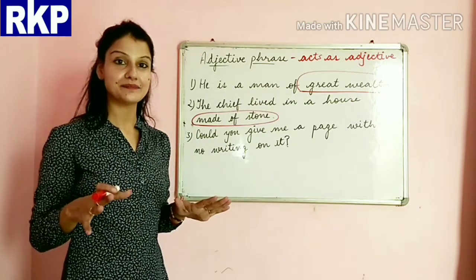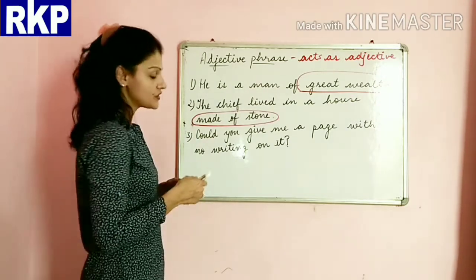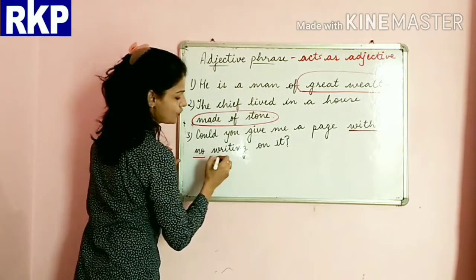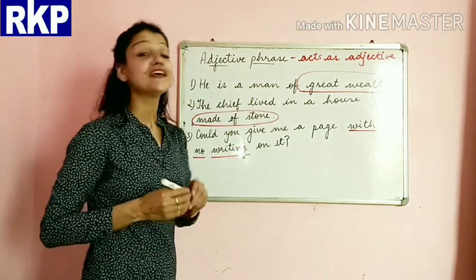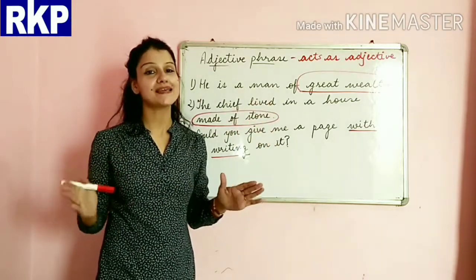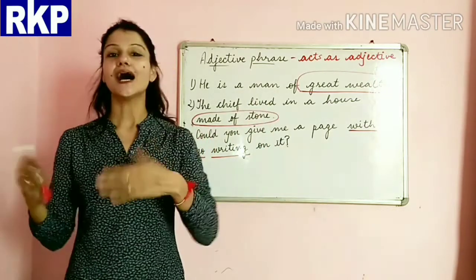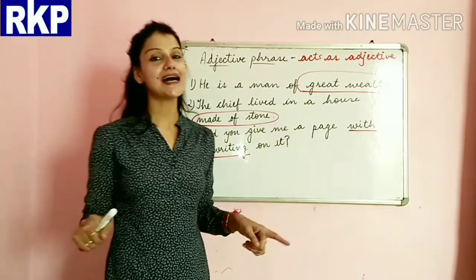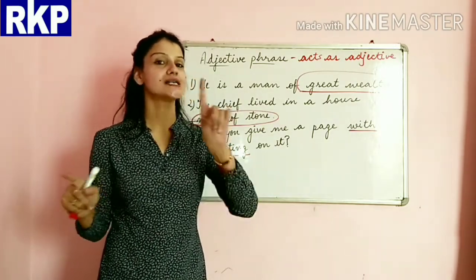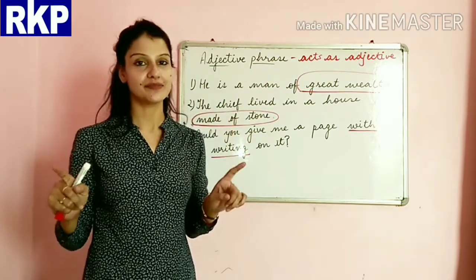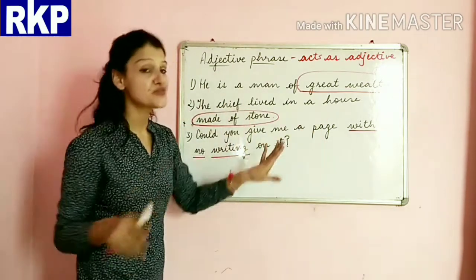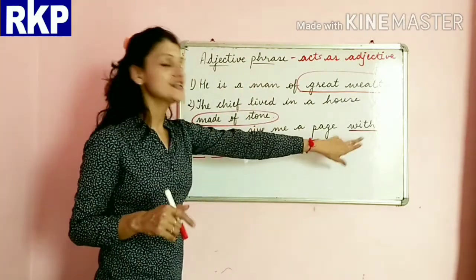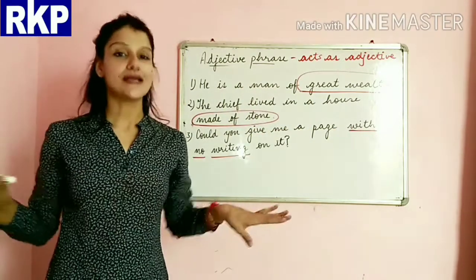Did you get that? Very good. With no writing. We could have simply said, could you give me a blank page? But in that case we used a single word adjective. Because we are talking about adjective phrases, we said a page with no writing.